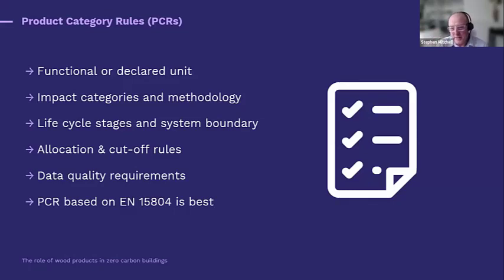It'd be a cubic meter, say, for most timber products, or a square meter for a panel product. They include impact categories and methodology, data quality, and so again, emphasizing a PCR based on EN 15804 is really what you're looking at when you want to look at the data and ensure that it's credible and comparable.